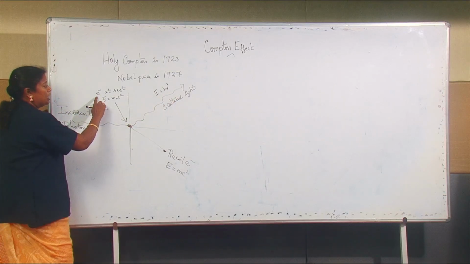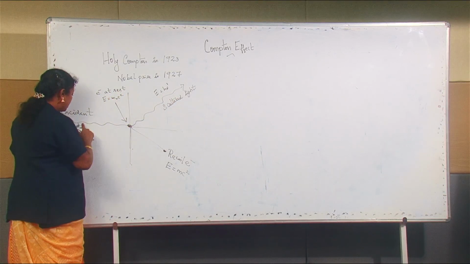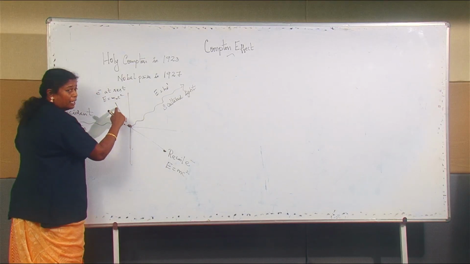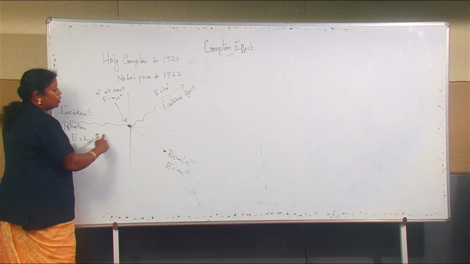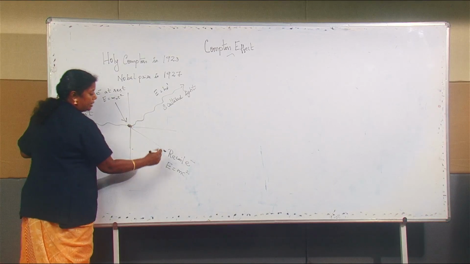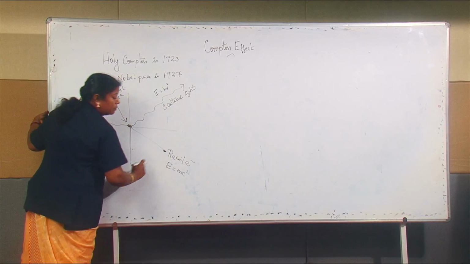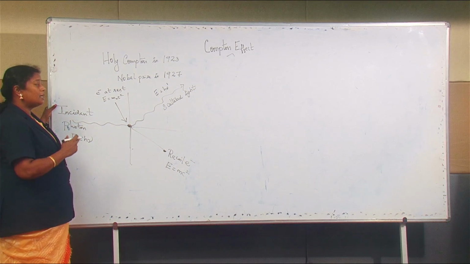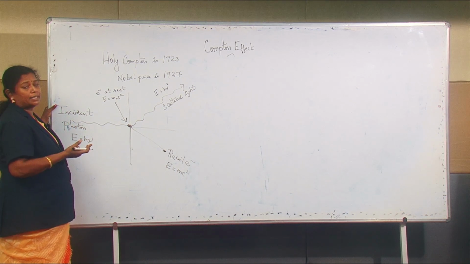The electron initially is at rest, and the energy of the incident photon is absorbed by the electron, and the electron is ejected out. So the energy is changed from E is equal to m naught c square at rest to E is equal to mc square. By the law of conservation of energy, let us discuss how the wavelength is increasing.